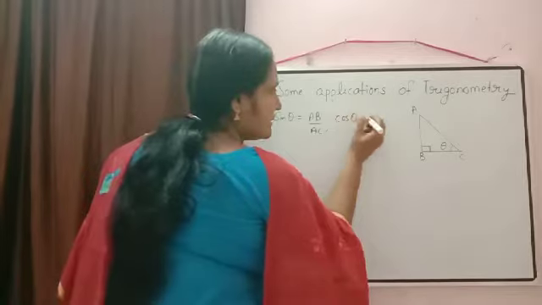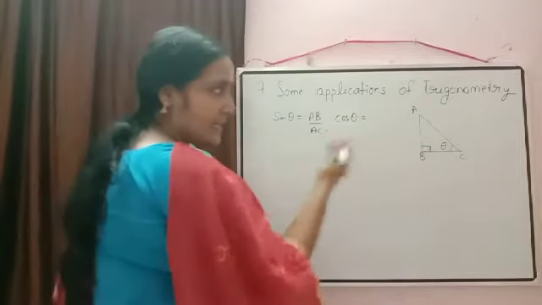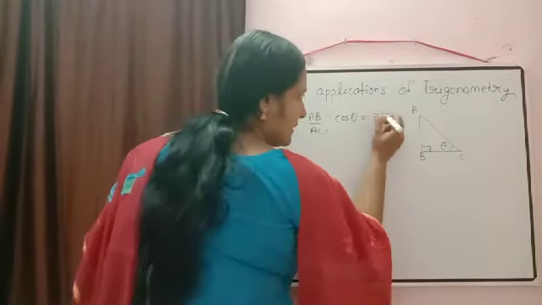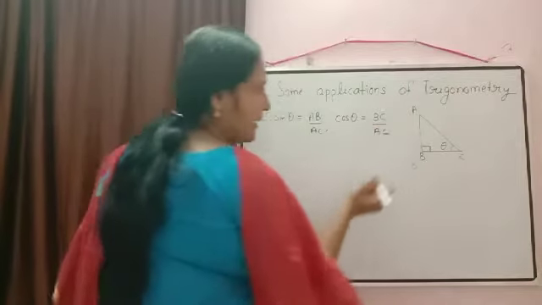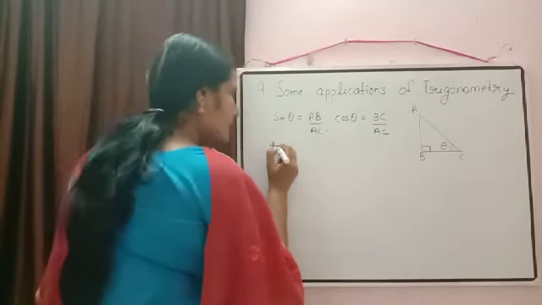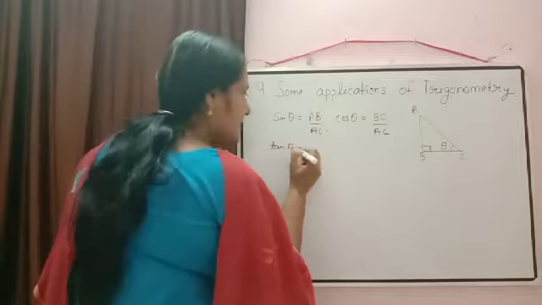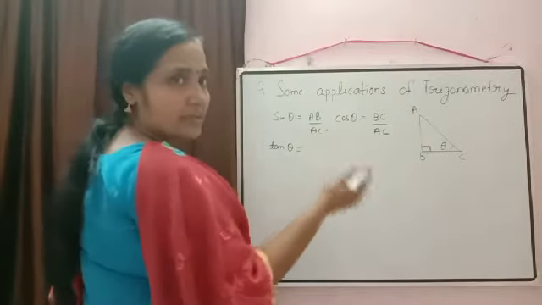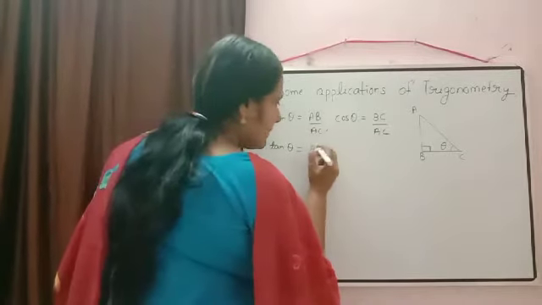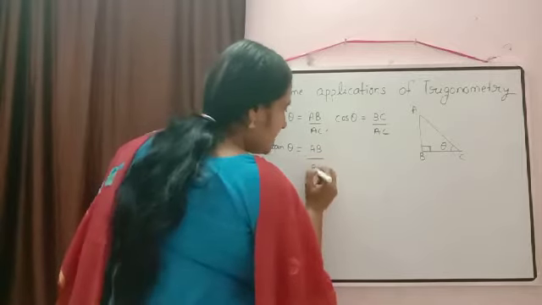Then cos theta is equal to, yes, side adjacent to theta by hypotenuse. So that will be equal to BC by AC. Then tan theta is equal to side opposite by side adjacent. So that will be AB by BC.